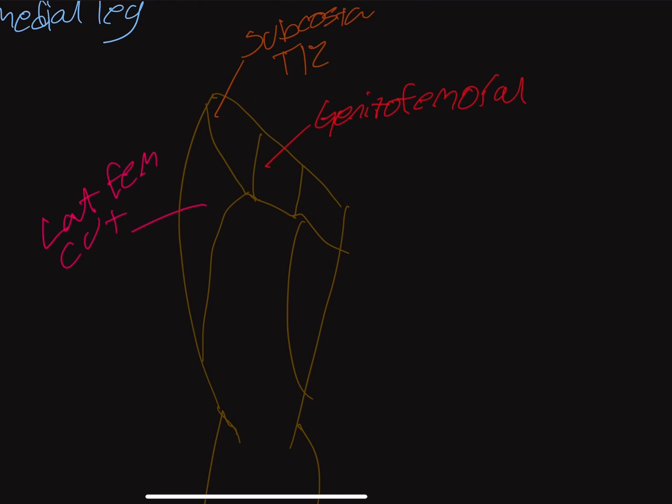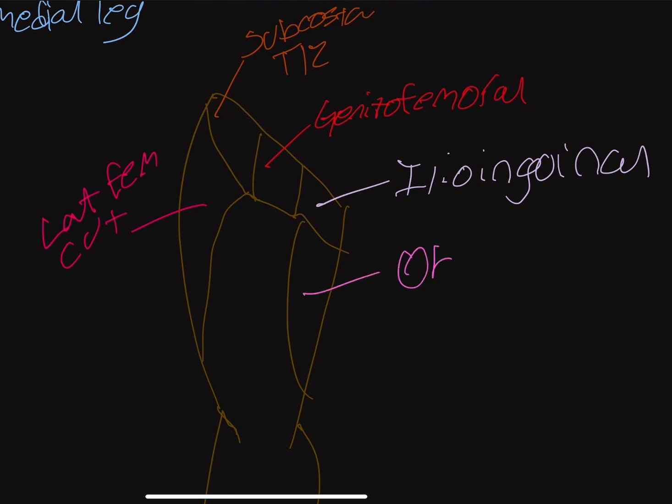cutaneous branch. Here, this is going to be your ilioinguinal cutaneous branches. This middle one is going to be your obturator cutaneous branches.